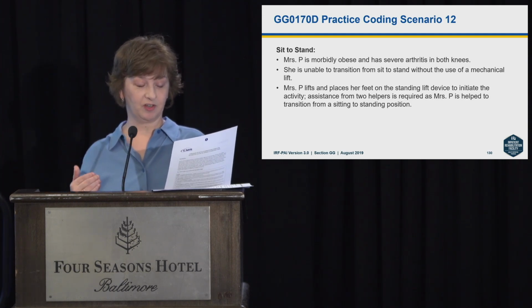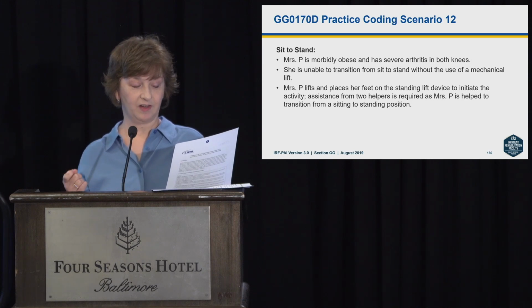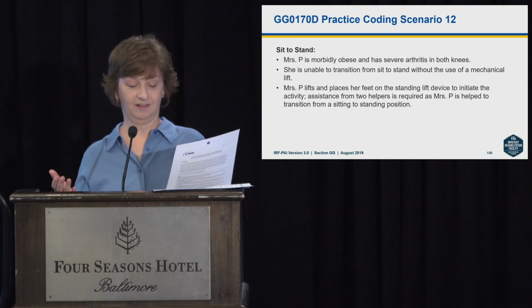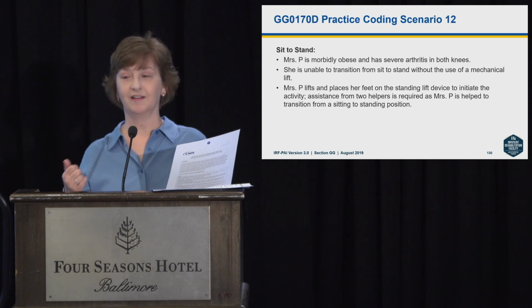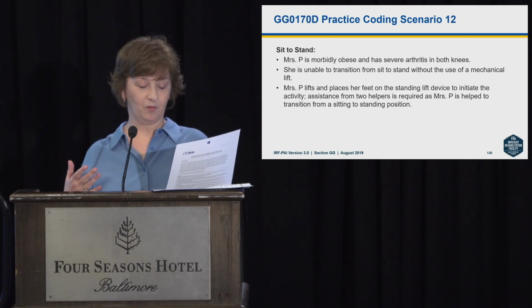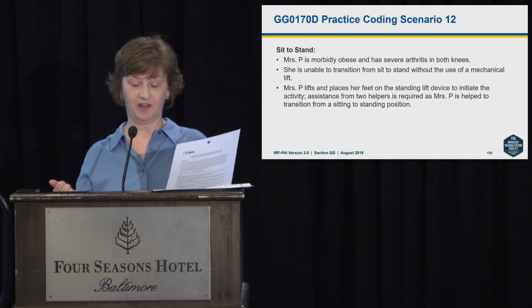Then the next question is, does the patient or resident need physical assistance, for example, lifting or trunk support from one helper, with the helper providing less than half of the effort? Then, does the patient need physical assistance, trunk support or lifting from one helper, with the one helper providing more than half of the effort?